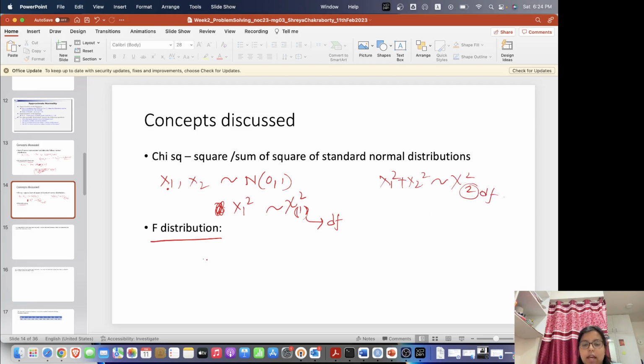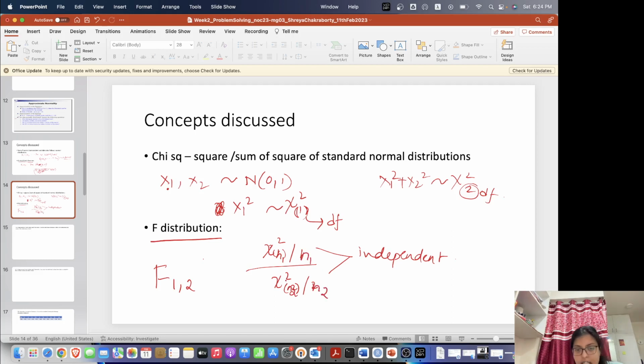An F distribution is obtained if I divide chi-square 1 by 1 by chi-square 2 by 2, where the two chi-squares are independent. If I have a chi-square n1 distribution and a chi-square n2 distribution, then chi-square n1 by n1 divided by chi-square n2 by n2 will give me an F distribution with degrees of freedom n1 and n2.